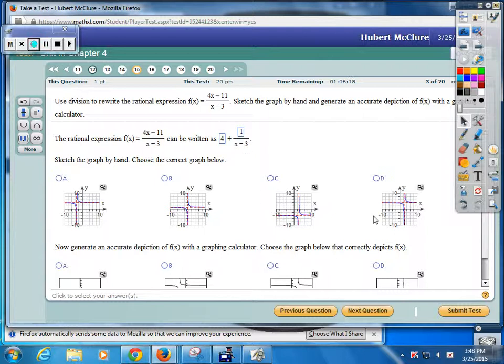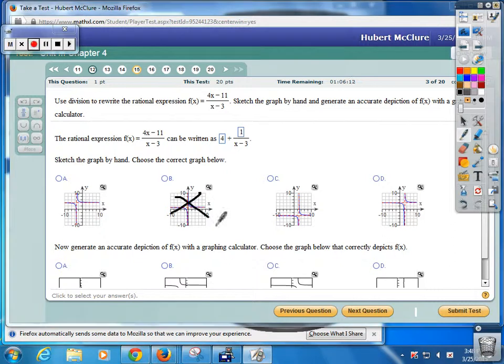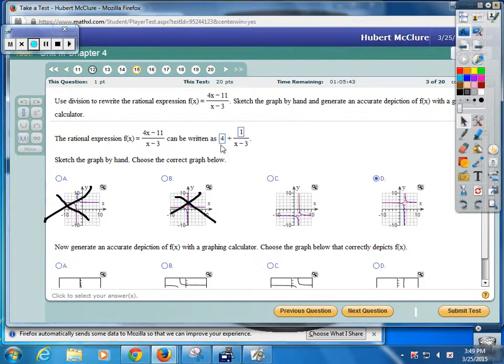So which one is 3? Which one is not 3? This one may be 3 because it's on the right side, and this one may be 3. But which one should be, let's see, this is 4x. So 4 is your horizontal asymptote, so that means y is equal to 4, so D is your answer because of that 4 right there.